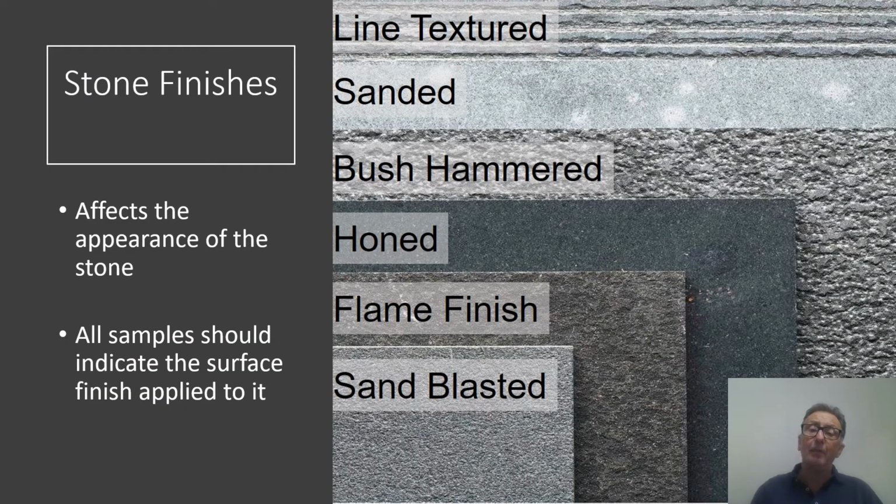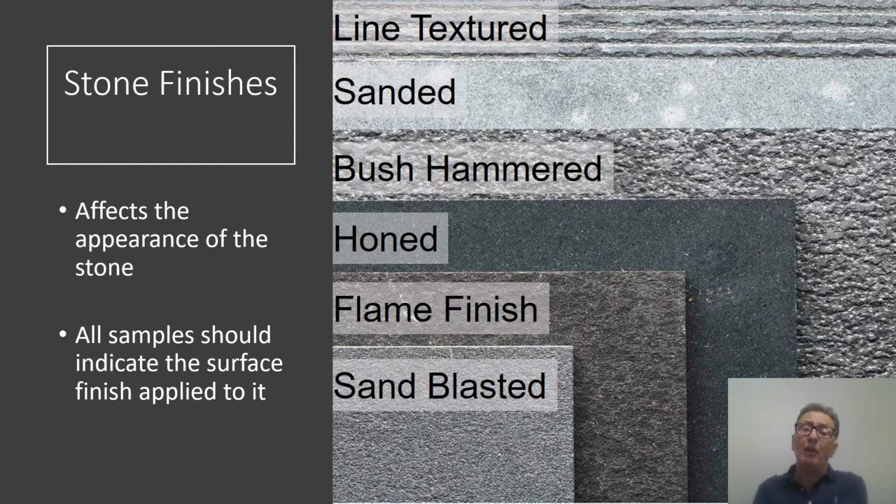Any indicative samples supplied should ideally have the actual surface finish that the project is intending to use shown as well. This slide shows how the same stone can change its appearance depending on the type of surface finish that is applied to it.